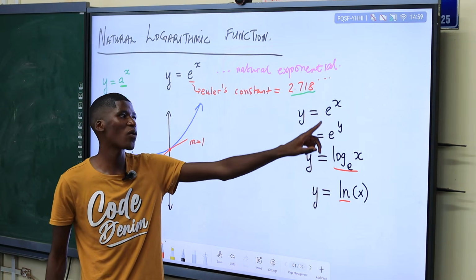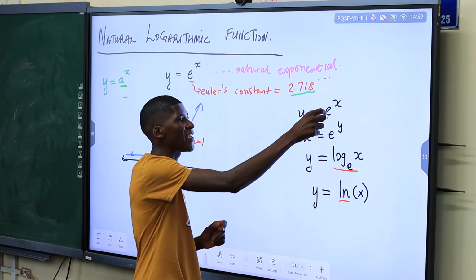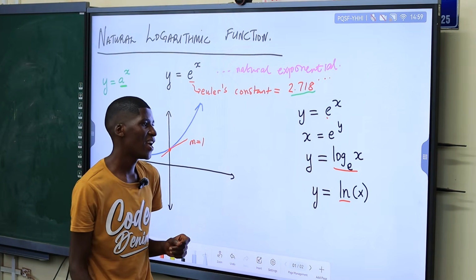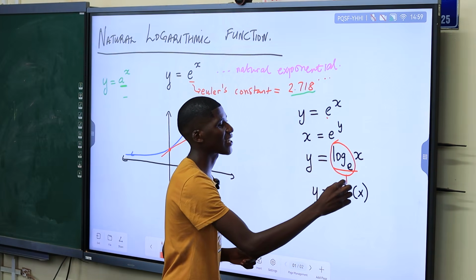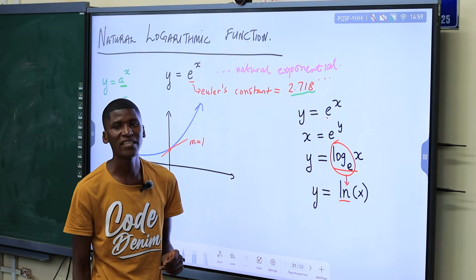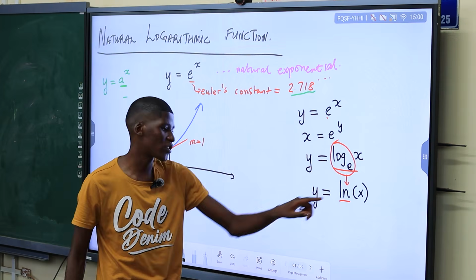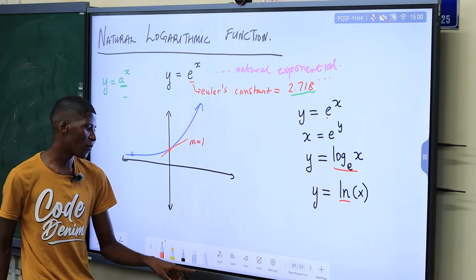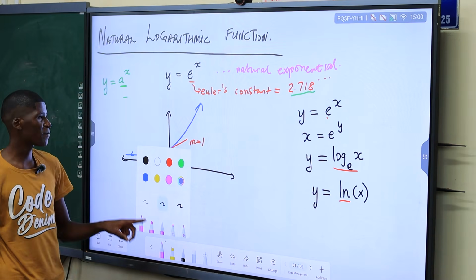So this base e here is raised to the power x. So when we have log base e, we can just write this as ln. Ln of what? Ln of this variable x. We call x the argument. You see that. Yes, so this is known as a natural logarithmic function.